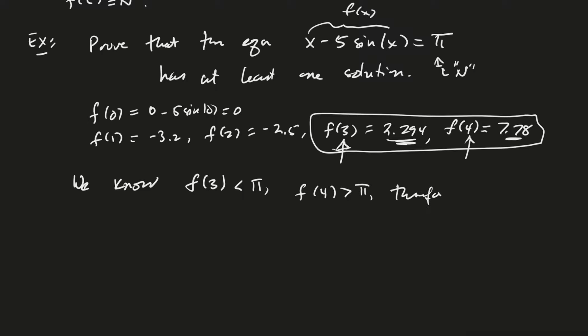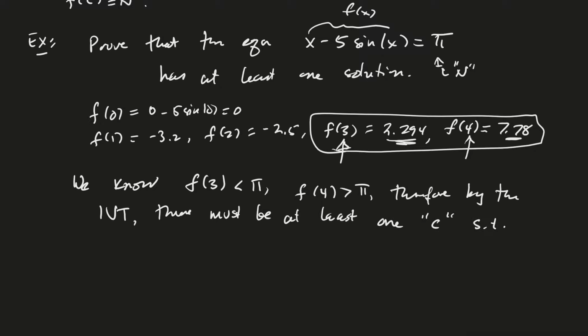Therefore, by the IVT, the intermediate value theorem, there must be at least one value of c such that f of c equals pi. Right? That gives us our solution. Good.